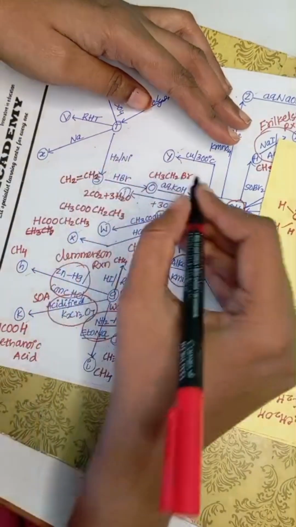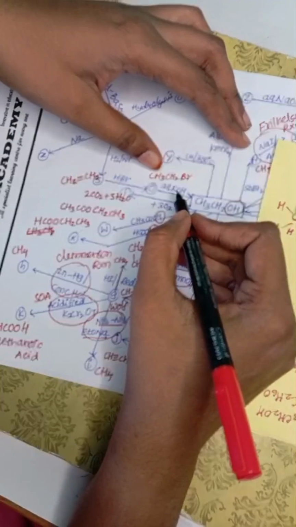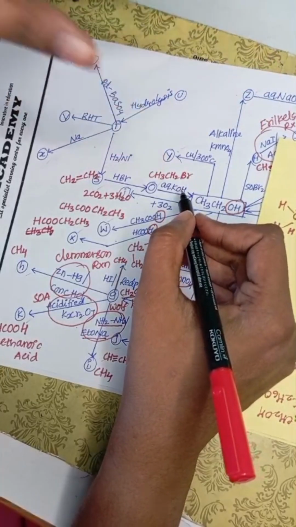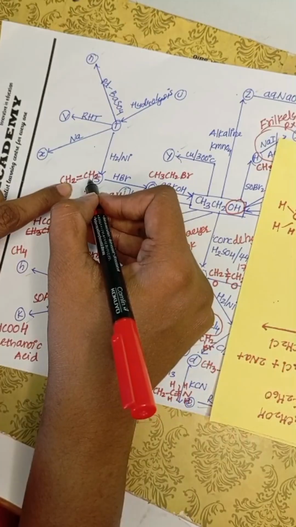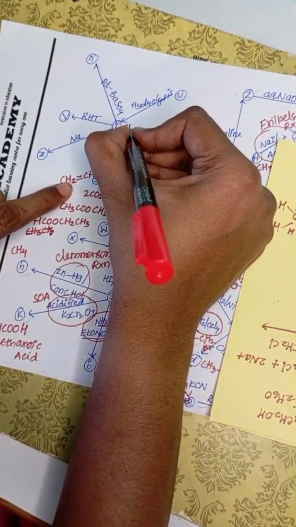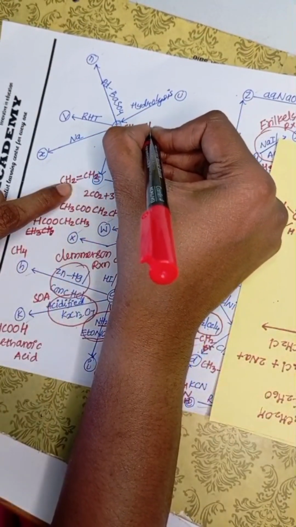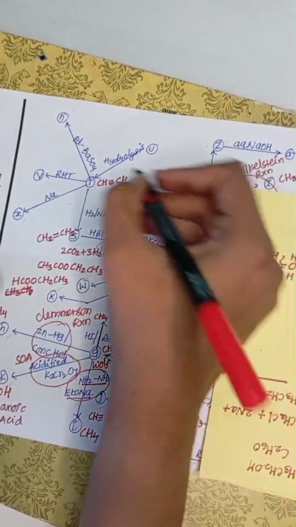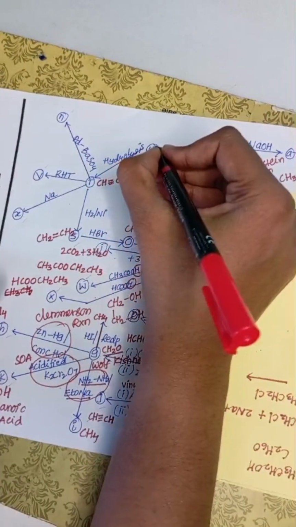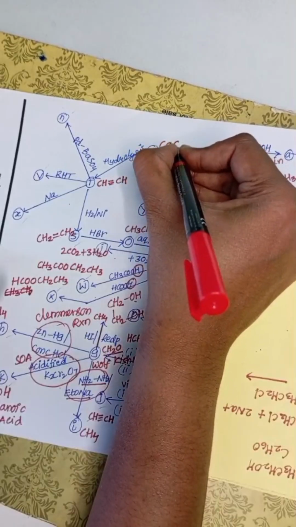Then only by addition of HBr will we get bromoethane. If we observe this, ethene was prepared, so here acetylene definitely should be there. This acetylene is prepared by the hydrolysis of calcium carbide.